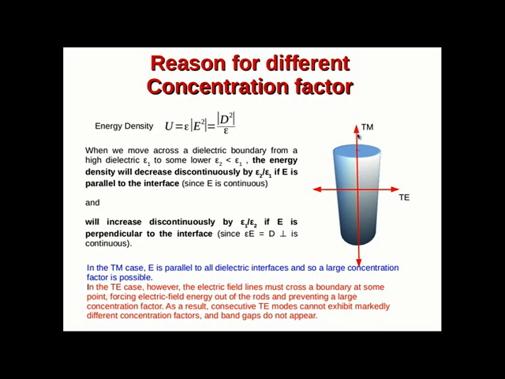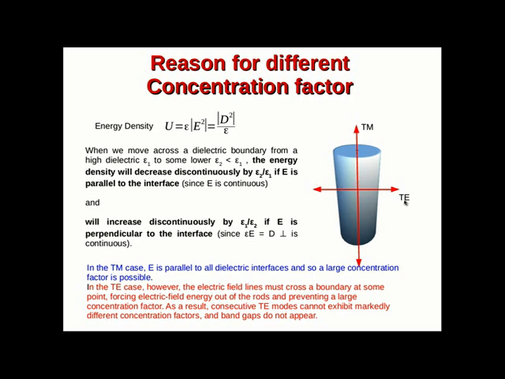you can see that electric field is tangential to the boundary of high and low dielectric region, and in this case electric field is normal to the boundary of high and low dielectric region. We know the tangential component of electric field is continuous and normal component of electric field is discontinuous.